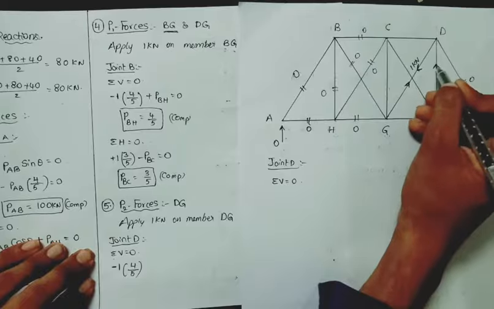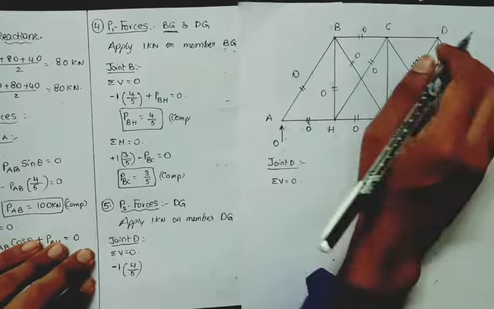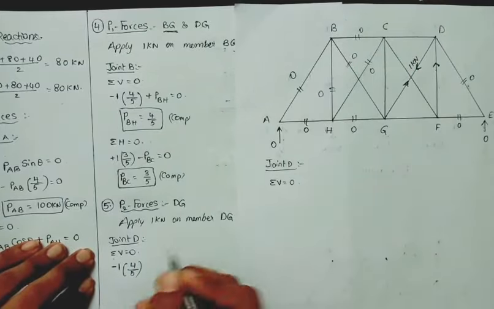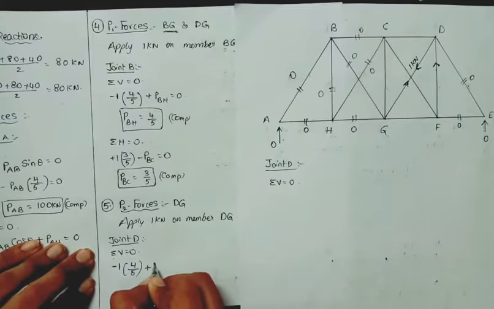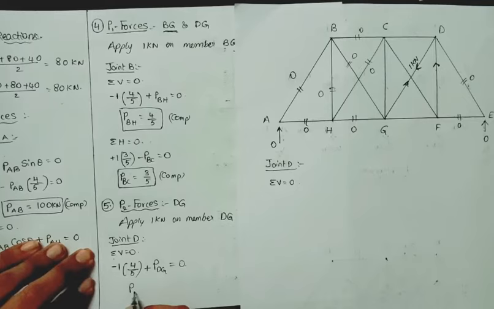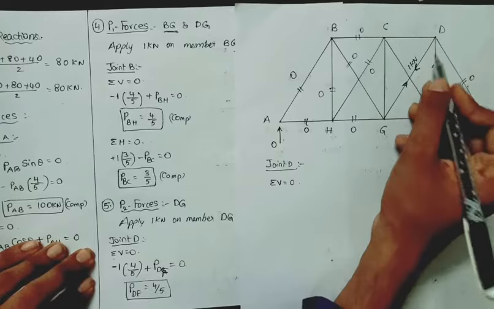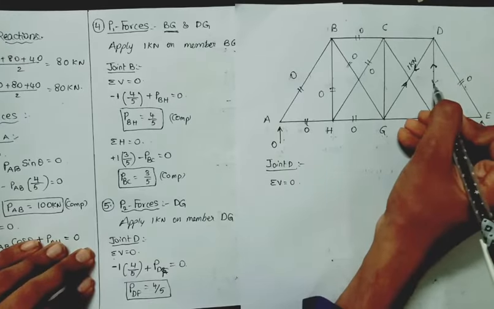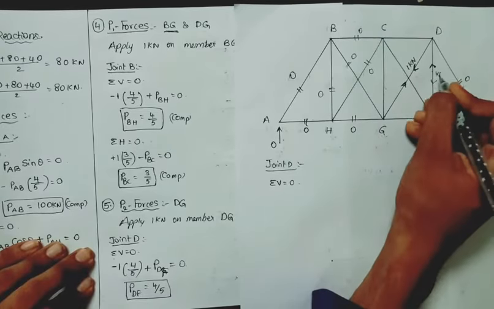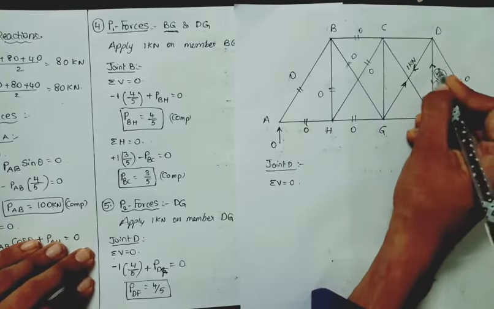Then only it will be in equilibrium. So, if it is upwards, then plus PDF equal to 0. Therefore, PDF equal to 4 by 5. Since it is compressing the joint, it will be in compression. So, it will be 4 by 5.